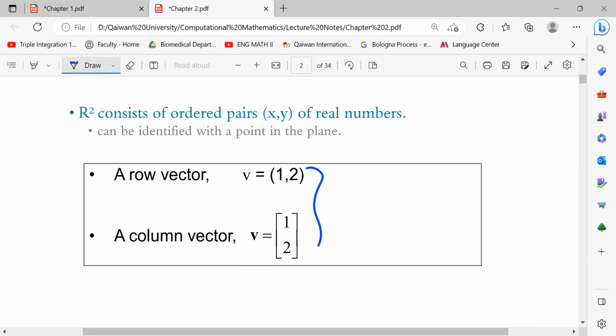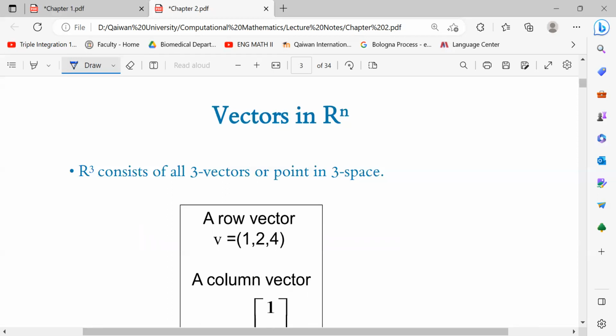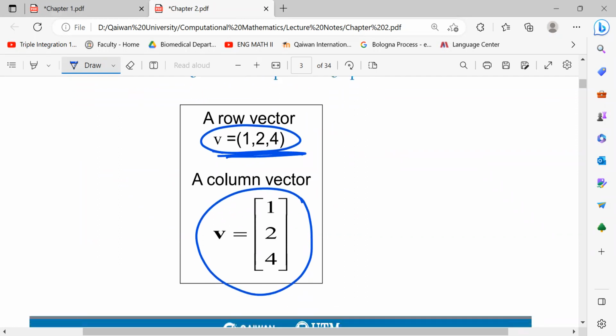These belong to R2. You have only two elements in there, only a pair. In R3, we have this row vector, and this is the column vector of the same vector.